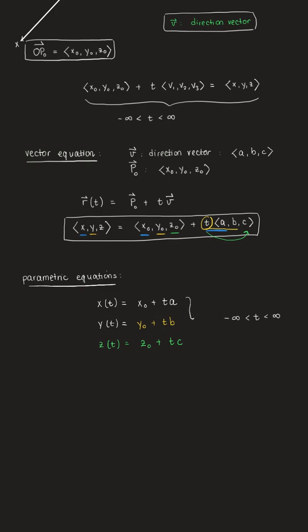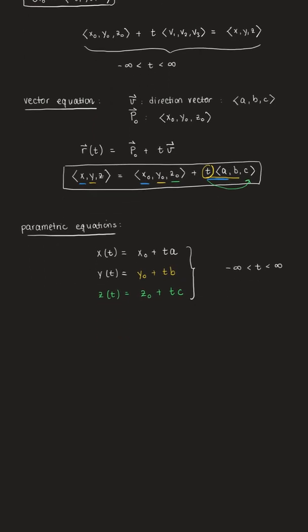And these 3 equations are called the parametric equations of the line. Notice that the first 2 are our 2D parametric equation of a line with slope b over a. So we've extended this to 3 parametric equations in space.